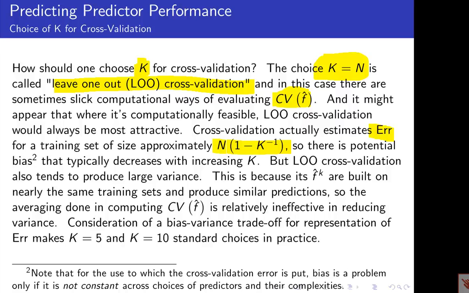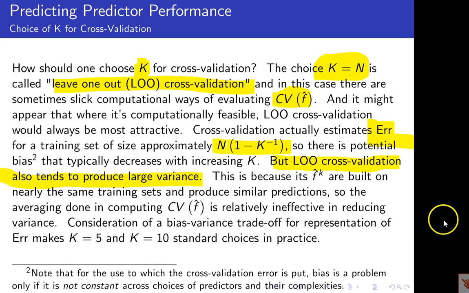On the other hand, leave one out cross-validation tends to produce large variance in terms of estimation of ERR. And the reason is that the F-hat Ks are built on nearly the same training sets. As little k goes from 1 to big N, they produce similar results.